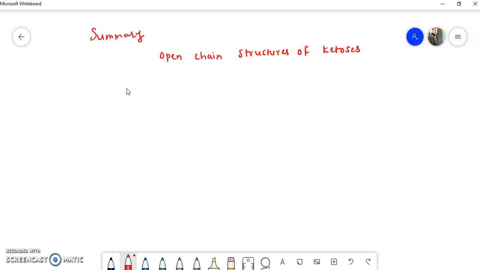So first of all, we have seen the structure of D-erythrulose. From D-erythrulose, we have drawn the two structures, that is D-ribulose and D-xylulose.